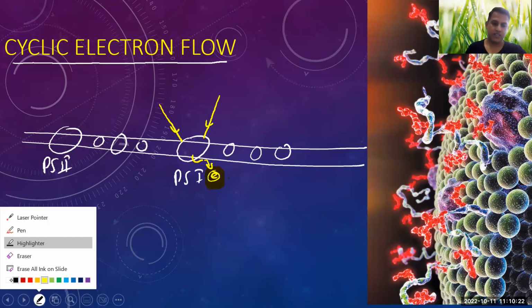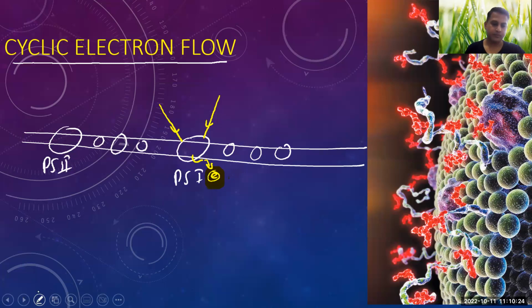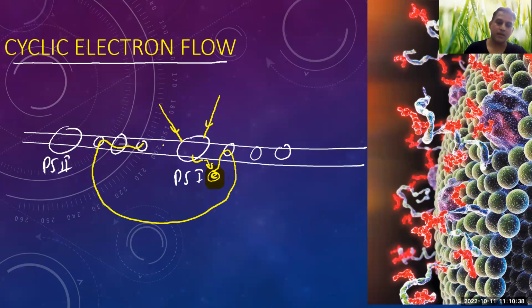This time, what happens to the electron? It is now moving to the electron carrier proteins here, and then it moves to the other side of the electron carrier proteins. Now when it comes along this pathway, you can see how it works. It enters one electron carrier, and after that it goes to the PS2 electron carriers.